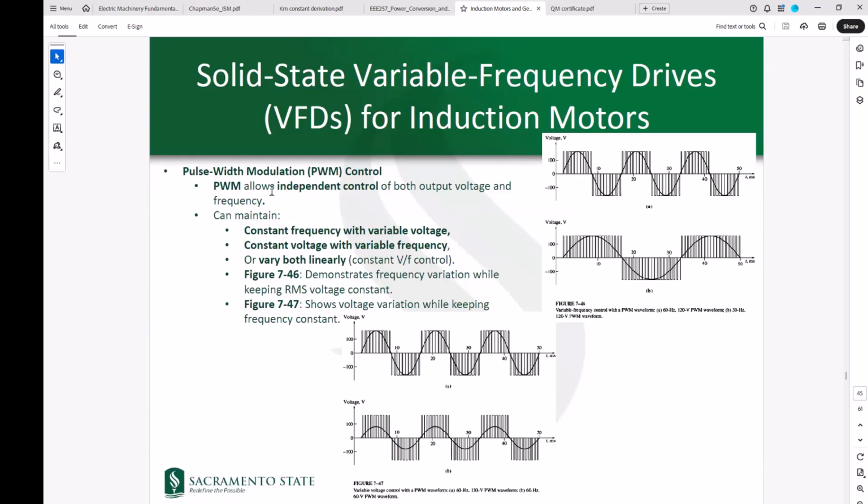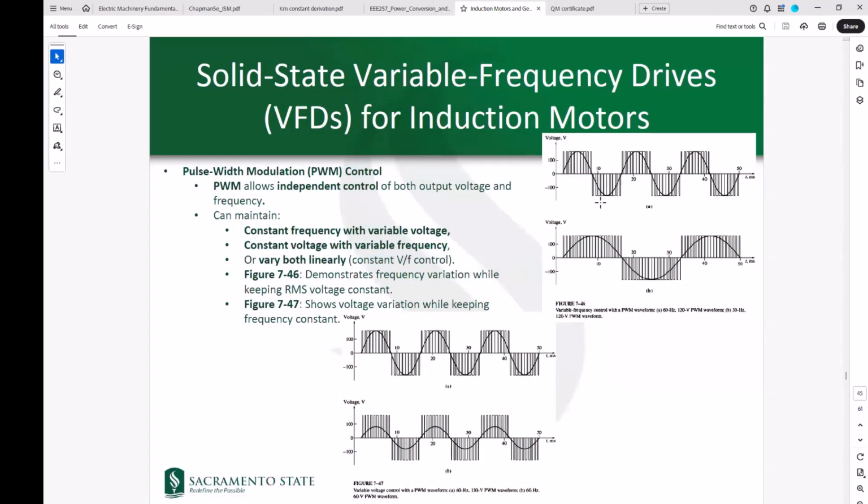This PWM approach allows independent control of both output voltage and frequency. It can maintain constant frequency with variable voltage, constant voltage with variable frequency, or it can vary both linearly, based on constant V/F control, constant voltage over frequency.